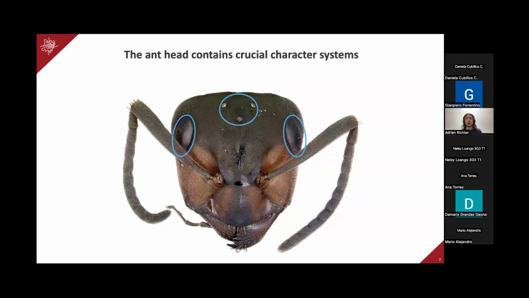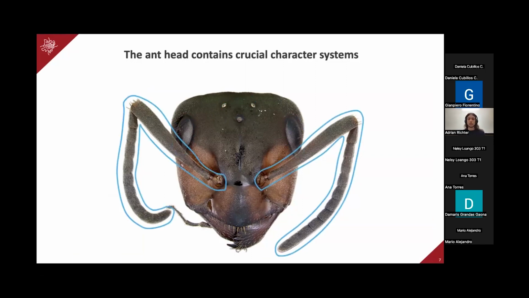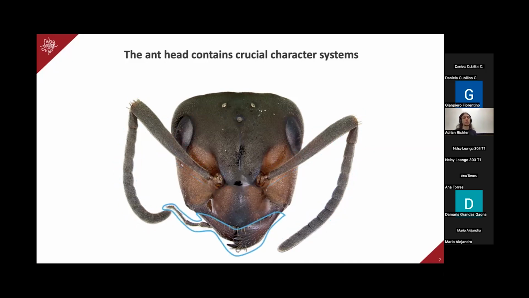First of all, it has some of the very important sensory organs, such as the eyes and the antennae for mechanical sensation, but also chemical sensation, basically feeling and smelling around. And the head also has the mouthparts, which are the ant's main tool to interact with its environment, and also for food uptake. So it is one of the most important bases of ant life.